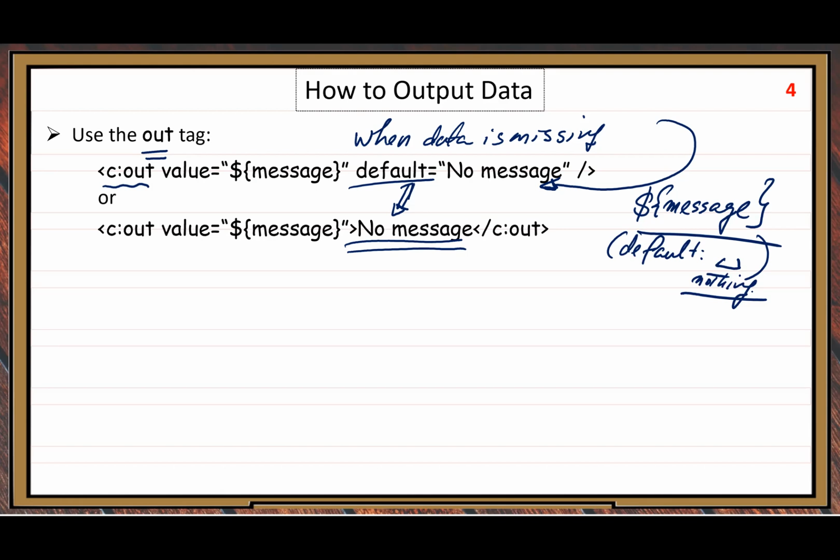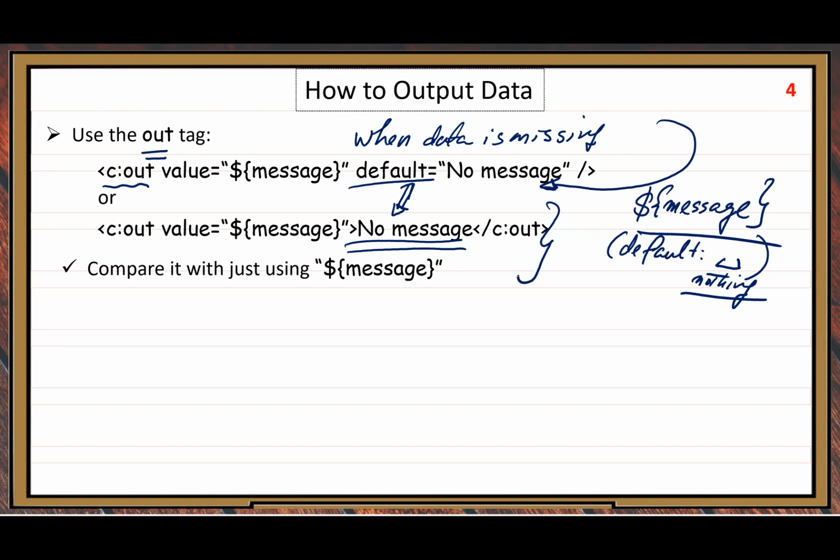When there is no data in the message variable, then nothing happens. So that's what we need to compare. You will see this kind of difference when you make your decision about which way to use.